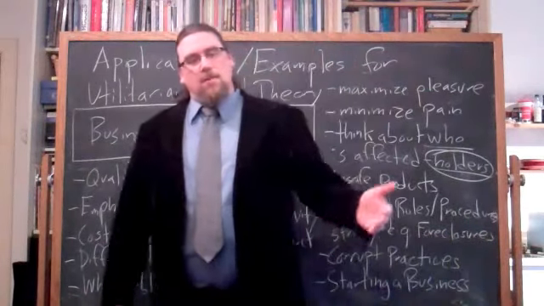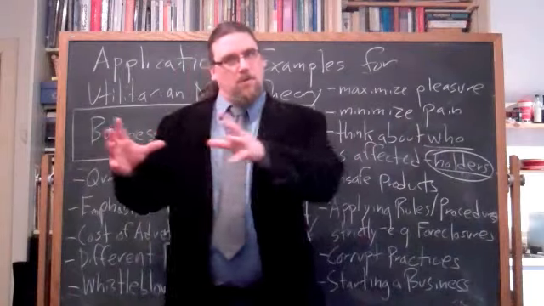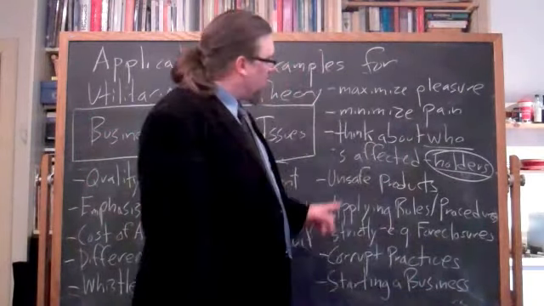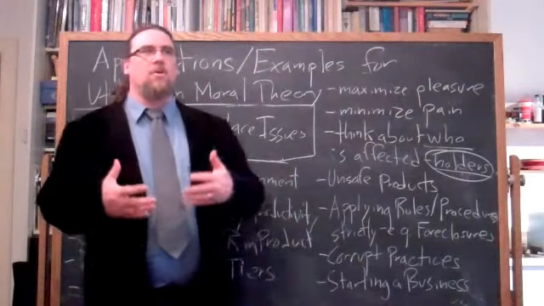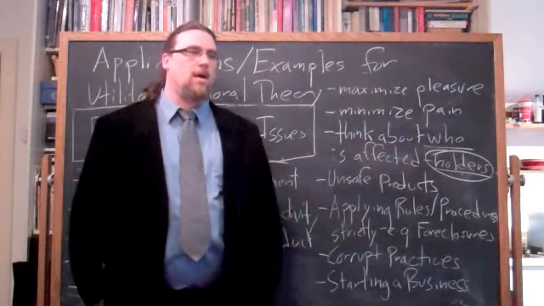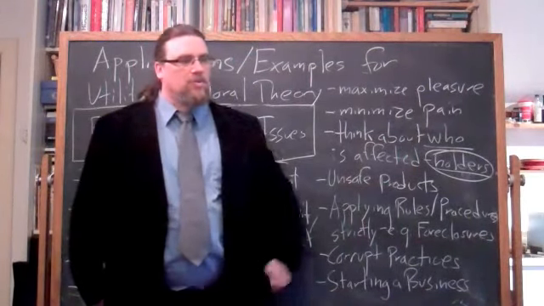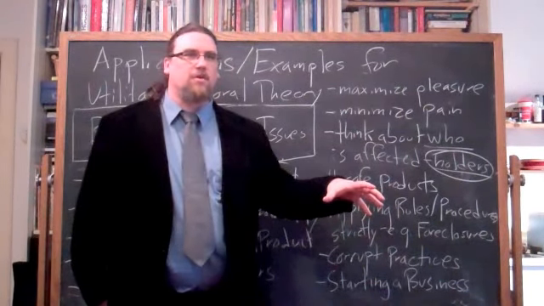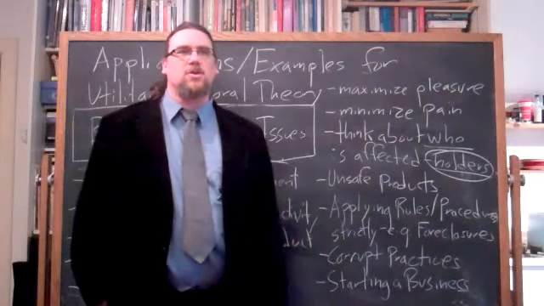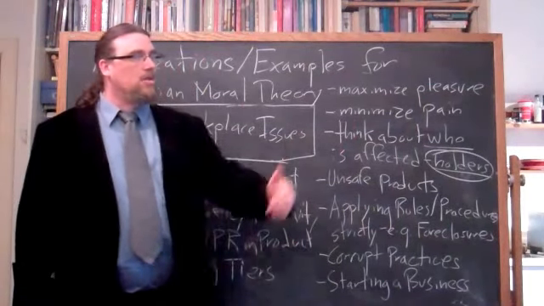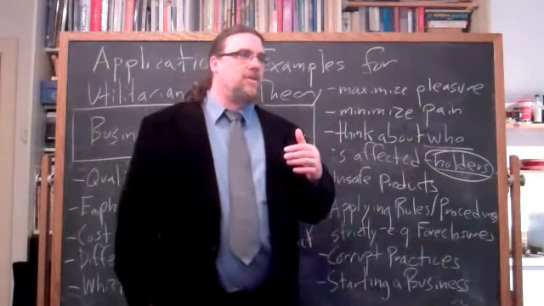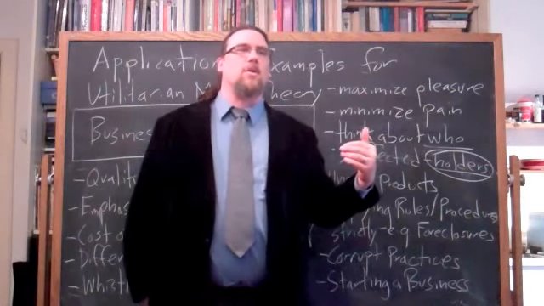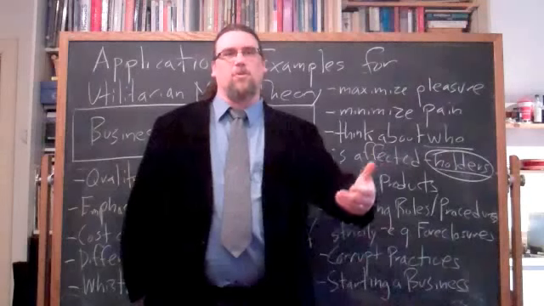But the workers themselves, the people closer in on the supply end, are actually being negatively affected. The other thing would be unsafe within the larger environment. And this could come about two ways. It could be the production process itself is unsafe because it produces, say, environmental contamination. Or it could be that the product that you're generating is unsafe, not necessarily for the consumer themselves, but for the other people in the community who are stuck with this person's products.